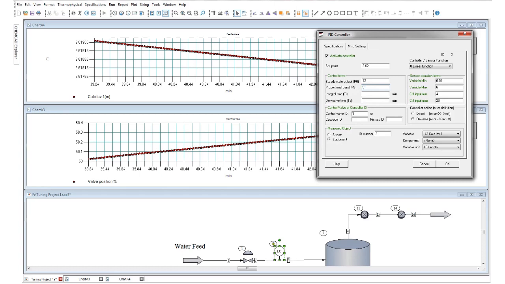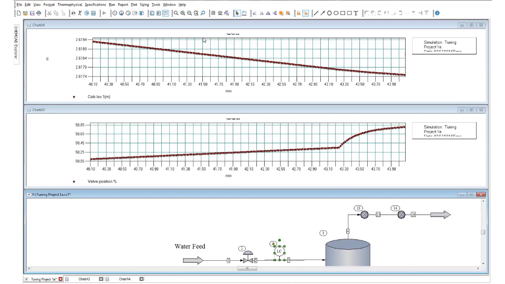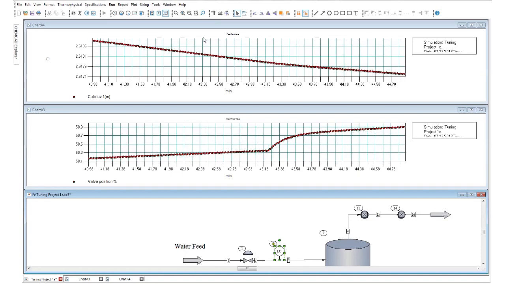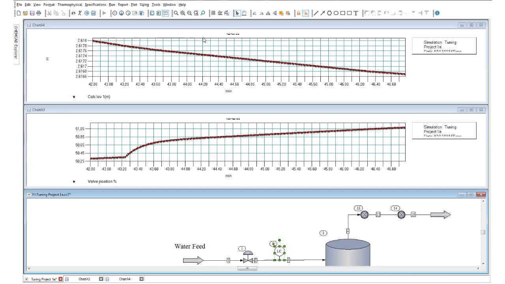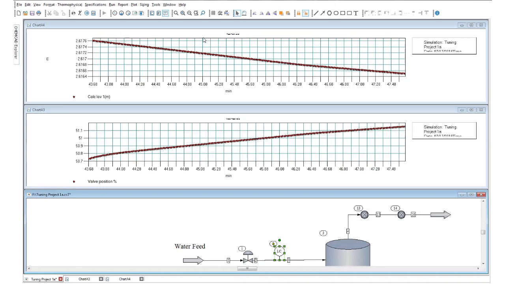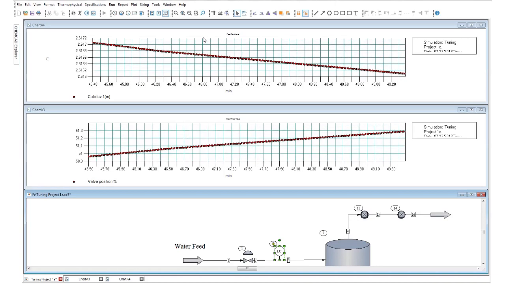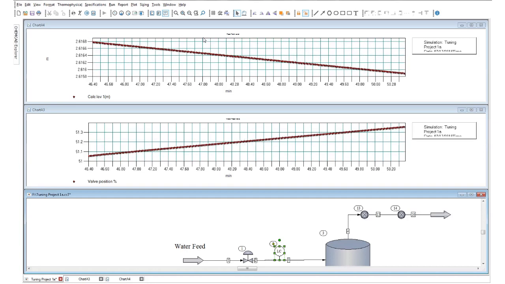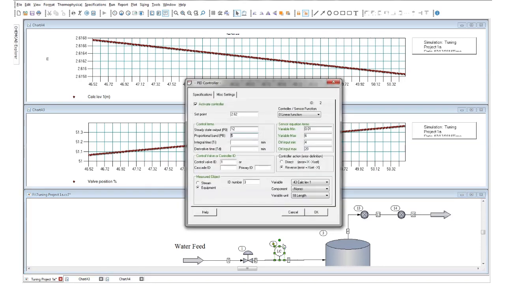I'm going to set my proportional band equal to 5 and then hit run dynamics from the current state and see what happens. Do we reach oscillations or do we just continue to see a smooth change here? Again, not seeing that oscillation, so I'm going to pause, click OK. Instead of 5, let's make it 1.